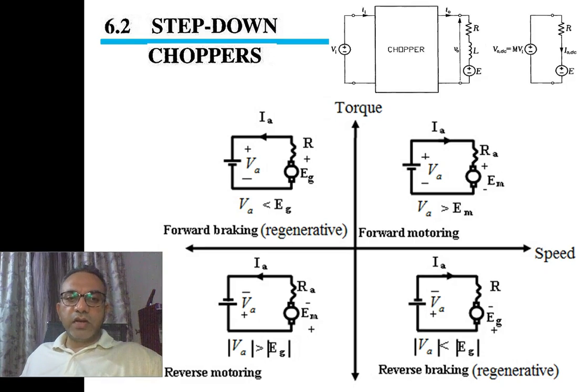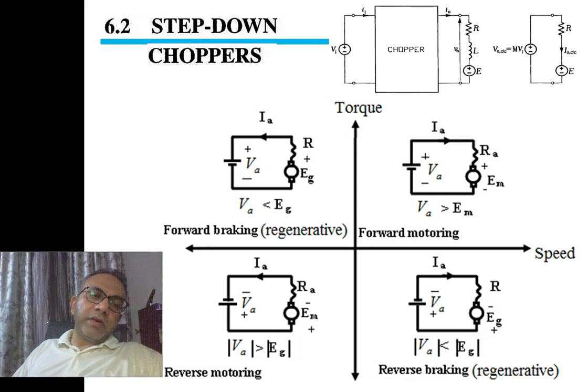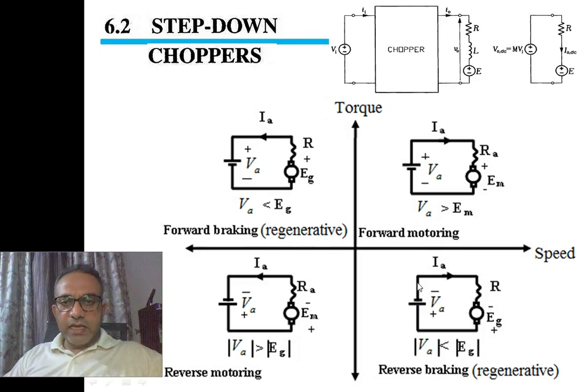The motor rotates counterclockwise, which is only possible if we apply reverse polarity compared to the voltage applied in the first quadrant. So in reverse motoring, we have reversed the polarity of the source. In the first quadrant we have plus minus, and in the third quadrant we have minus plus.